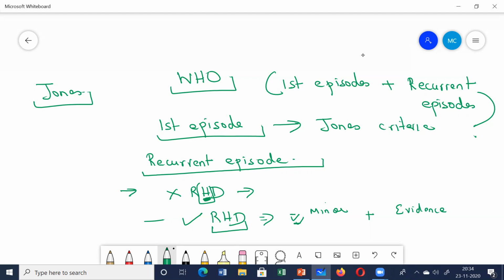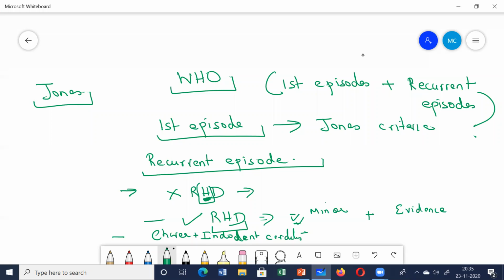And if the patient presents to you with both chorea and indolent carditis, according to WHO, they do not require any additional evidence of this antecedent streptococcal A infection.